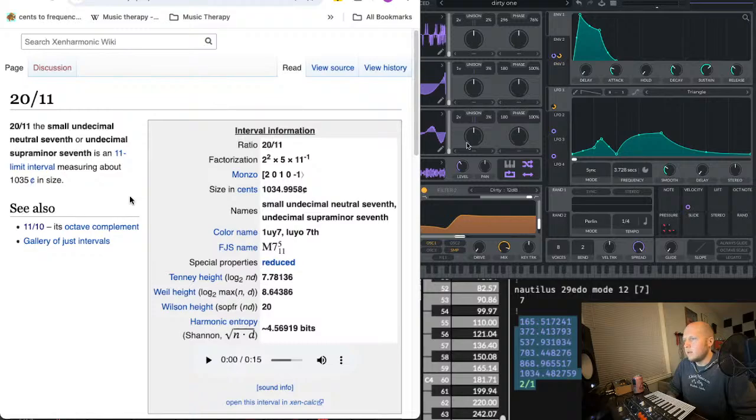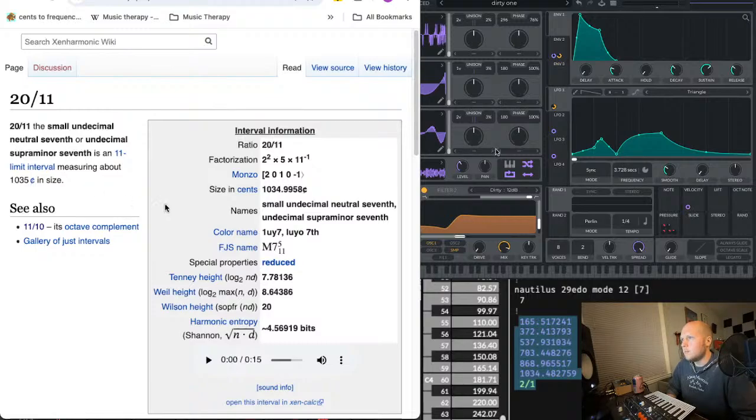Yes, so it's the small undecimal neutral seventh. So the large undecimal neutral becomes the small undecimal neutral, and vice versa. The small undecimal neutral second would become the large undecimal neutral seventh.